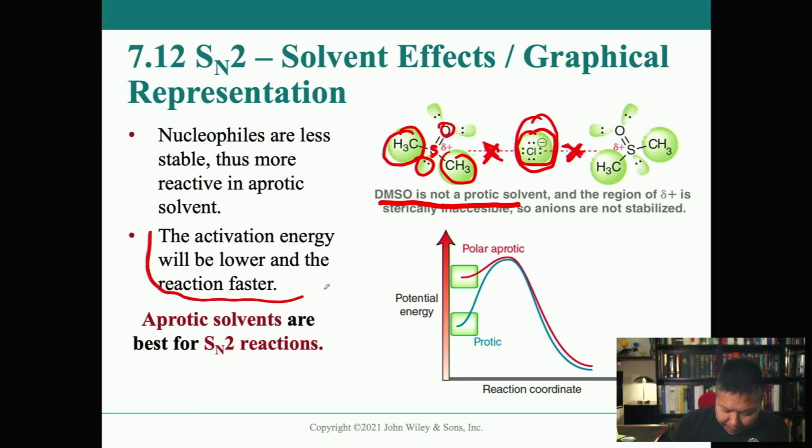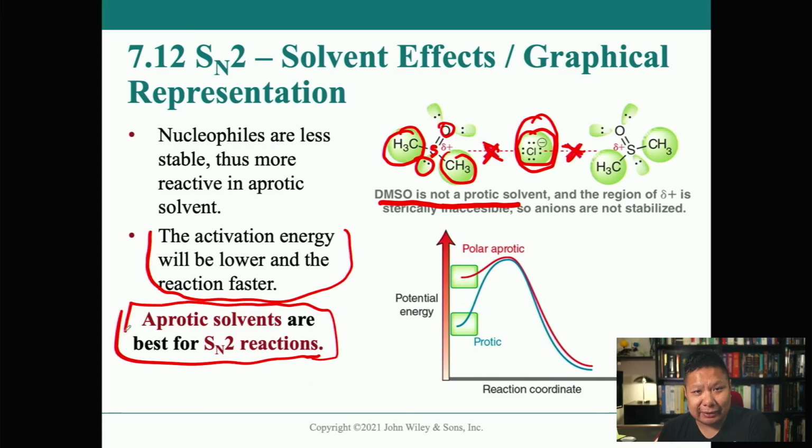The activation energy will be lower, and the reaction will be faster. And the moral of the story is, aprotic solvents are best for SN2 reactions, which I already went through in the chart, this particular graph in the previous slide.